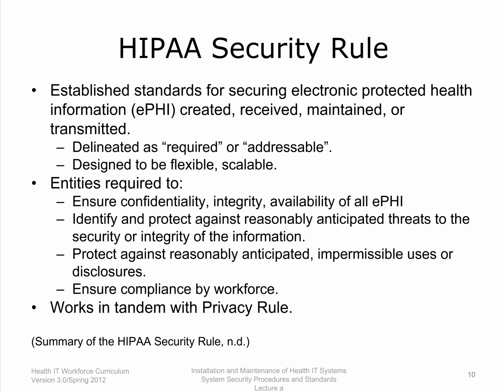The security rule also promotes the two additional goals of maintaining the integrity and availability of EPHI. Under the security rule, integrity means that EPHI is not altered or destroyed in an unauthorized manner. Availability means that EPHI is accessible and usable on demand by an authorized person.